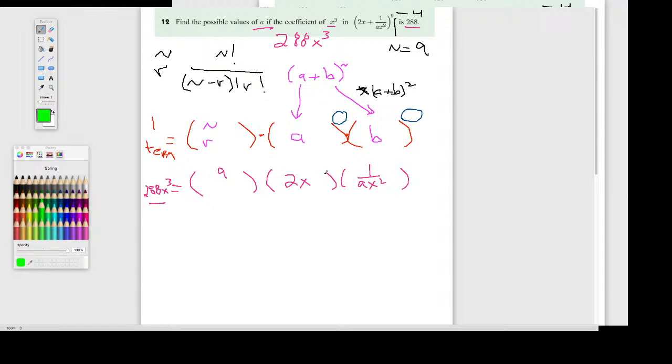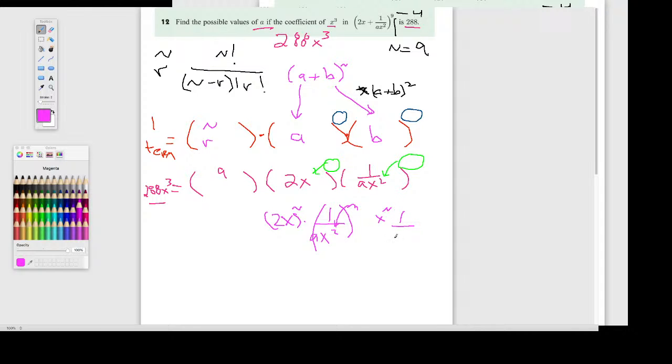And what we need is an exponent here so that when you bring it into this x and this x, if you have x to the power of whatever this value is, times 1 over ax squared, and this whole thing is to some other value, these x's are going to multiply and cancel themselves out.